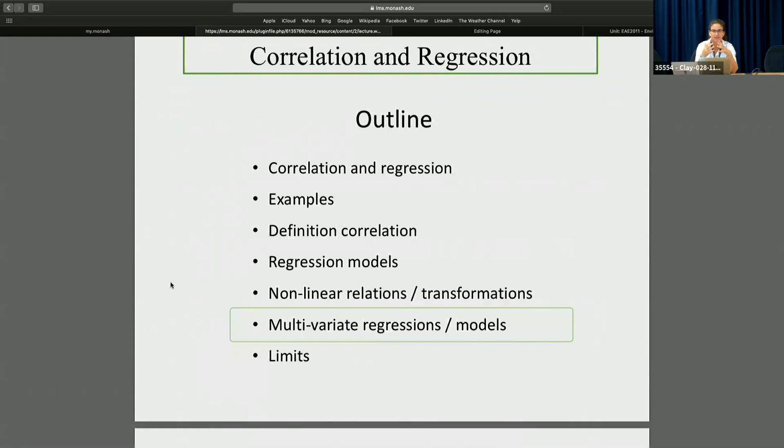And I'm asking a question like, which of all these factors I fit into my model is even important? How does each factor affect my variable? What is the slope associated with each one of those? And most importantly, are these factors interacting to generate a response in my variable?